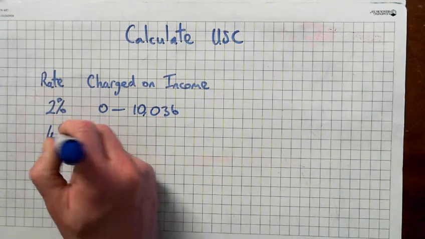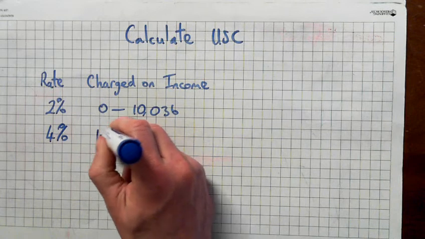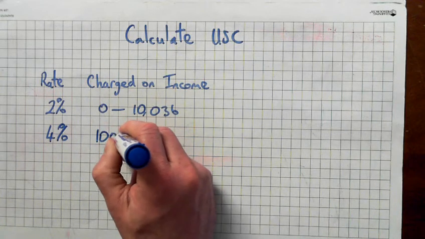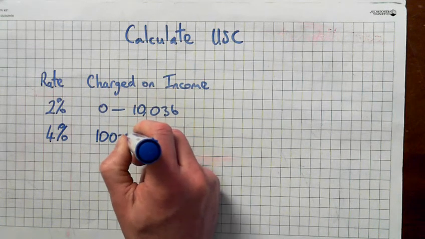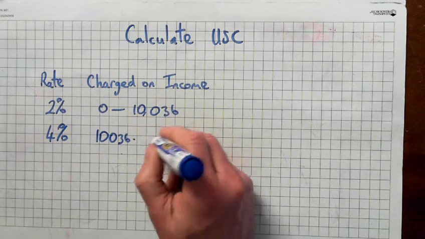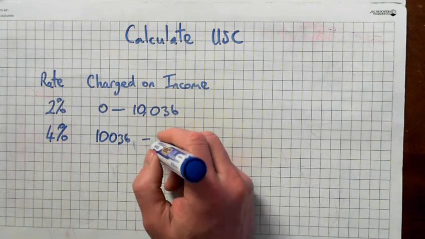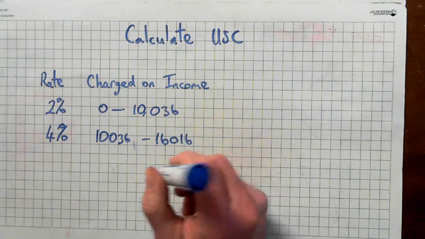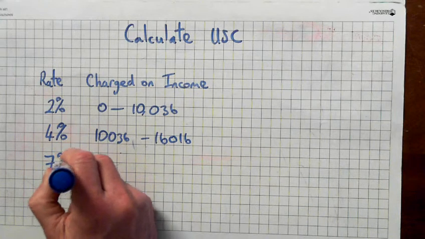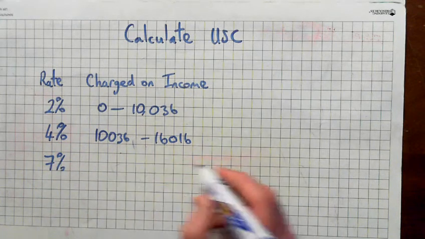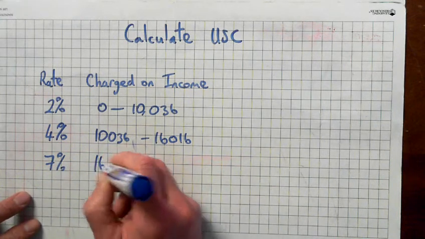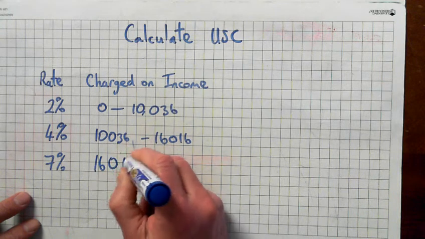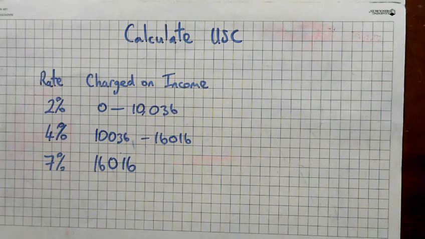You pay 4% on everything from 10,036 to 16,016. You pay 7% on anything above 16,016. Right? So that's your table.